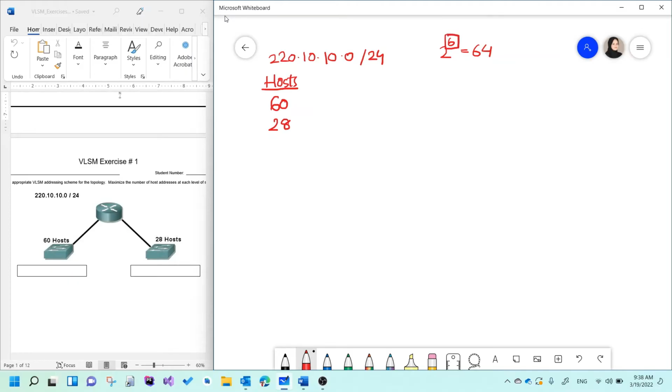You can use the calculator: just start with 2 to the power 1, 2, 3, 4, 5, 6 until you get a number that's close to the number you require. In this case we require 6 bits for 60 hosts, and for 28 hosts it would be 2 to the power 5, which is 32, close to 28. So here we require 5 bits.